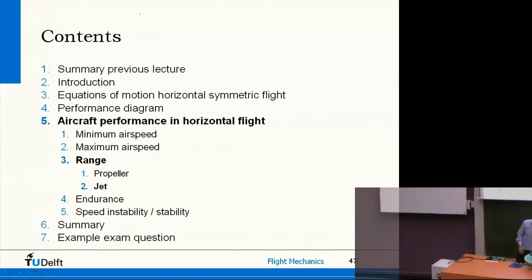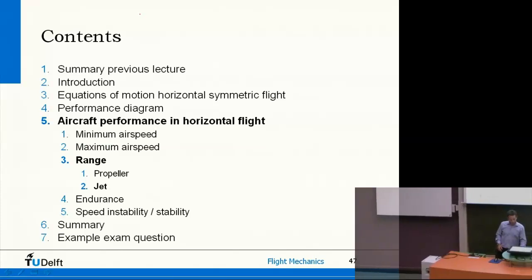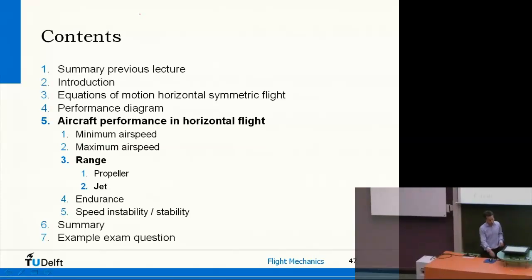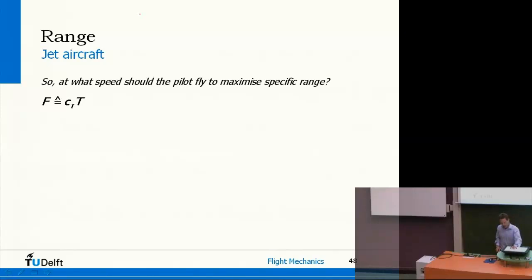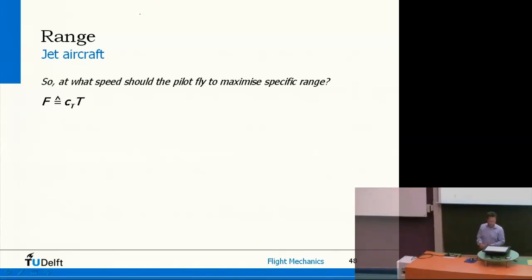So if we talk about jet aircraft, what we want to do is maximize specific range. Specific range is V over F, so distance per unit of fuel.